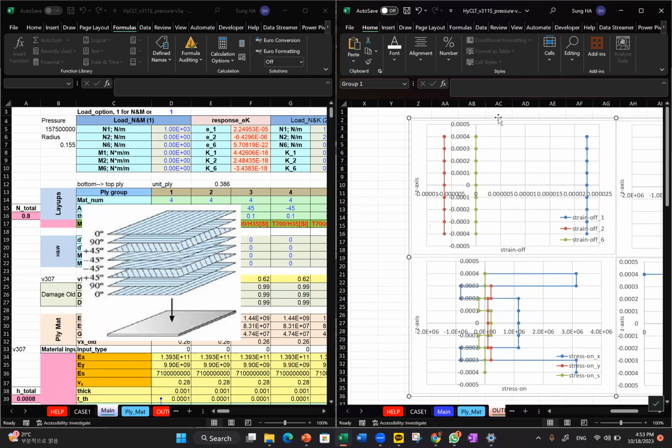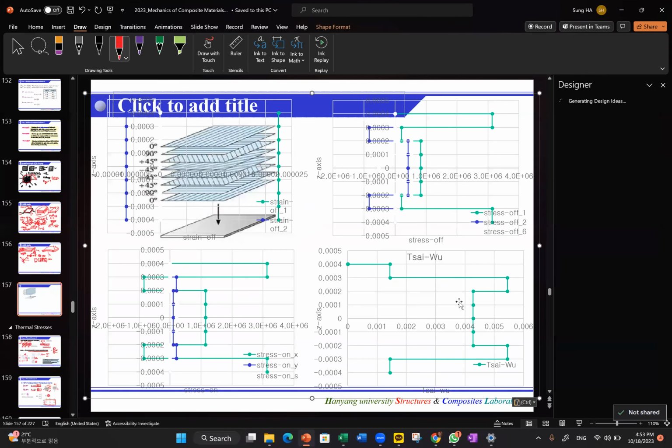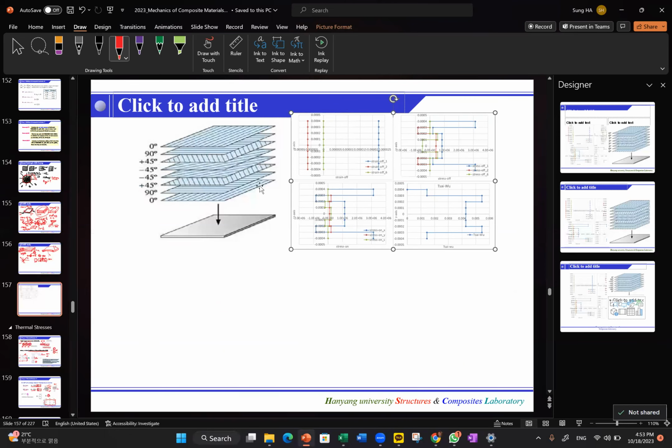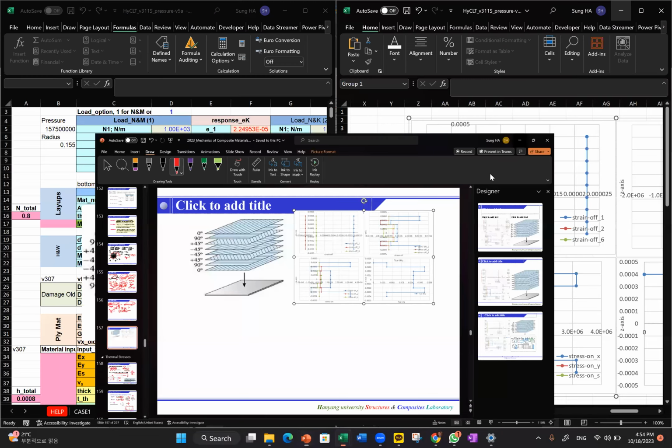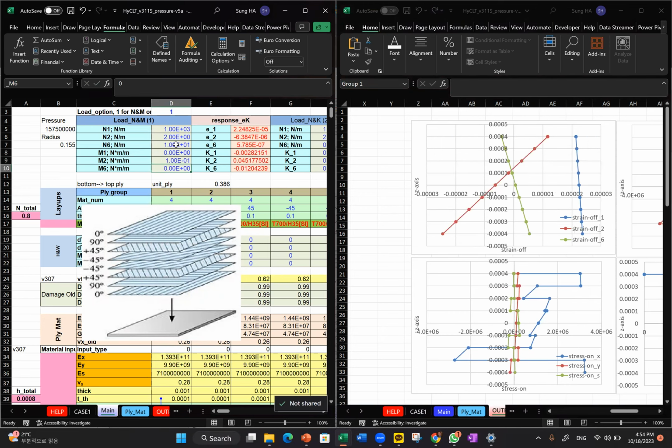Now we need to observe that, so this is the one under in-plane load. Imagine how complicated it can be when we apply a certain load, like this much load and this much load, and a certain bending moment.